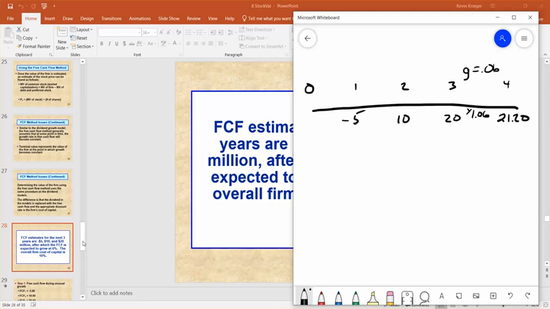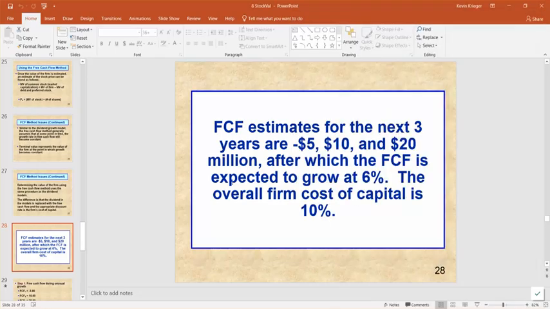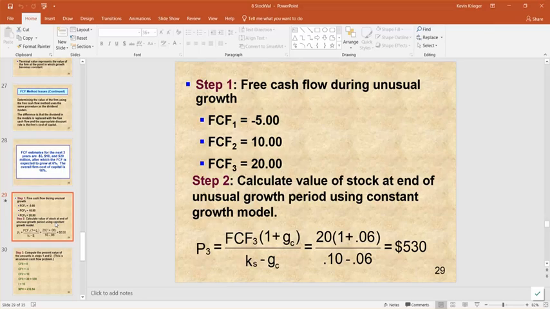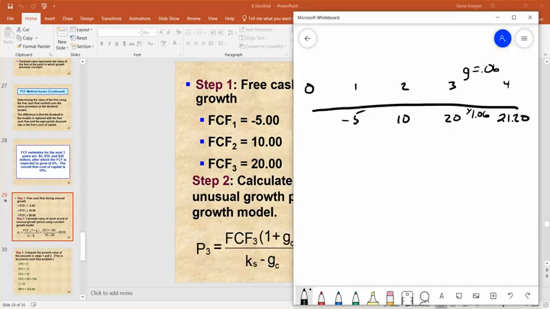And if I'm looking to come up with a value here, I'm basically going to do the same attack as I did in the last example. I'm going to get the present value of my -5, of my +10, of my +20. You can use the NPV tool when the time comes, and this time 10%, the cost of capital, is the correct rate.